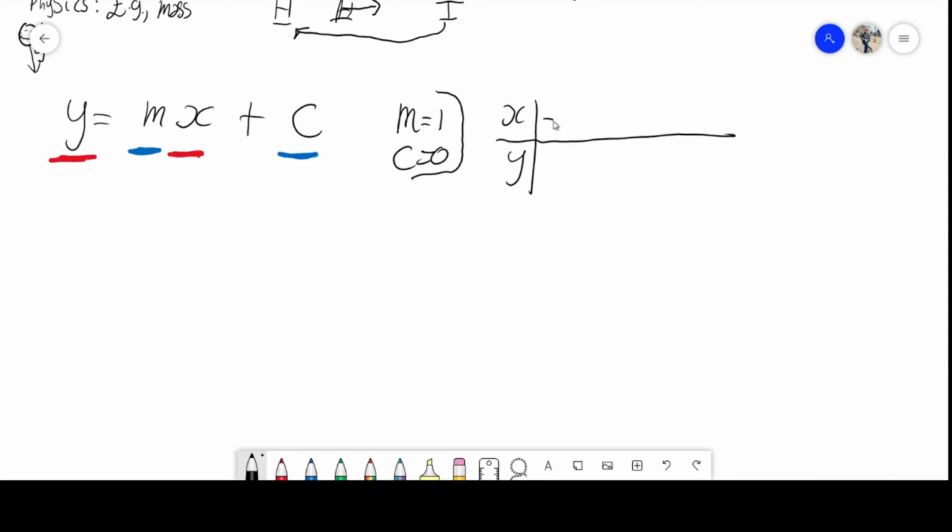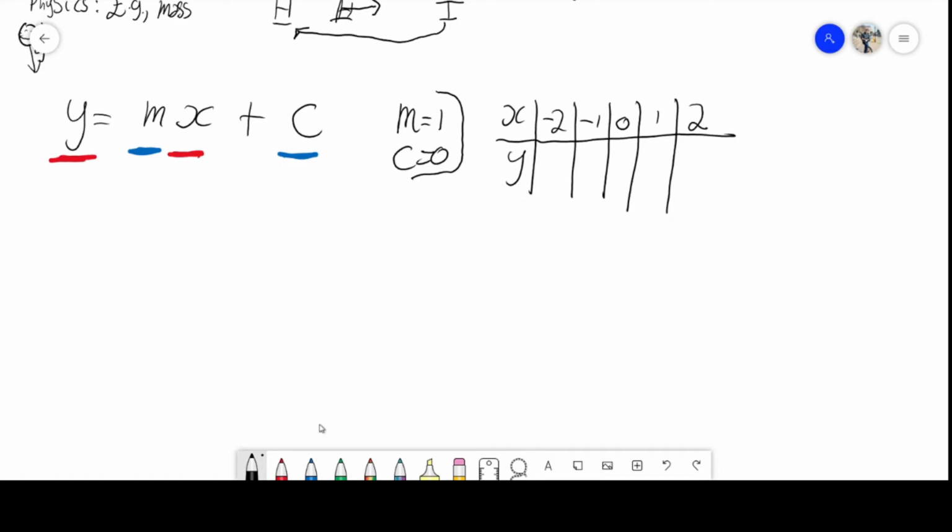So let's go between -2 and +2, as this way we get to see how it behaves at 0, the origin, with negative numbers and also with positive numbers. To calculate this, what we need to do is simply plug in our values of x, m, and c, and we read off what y is going to be.